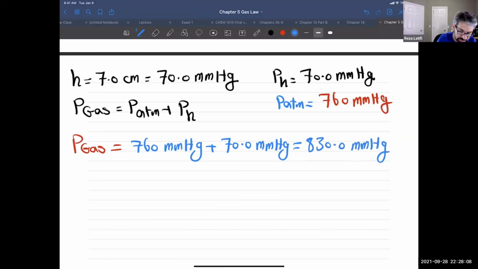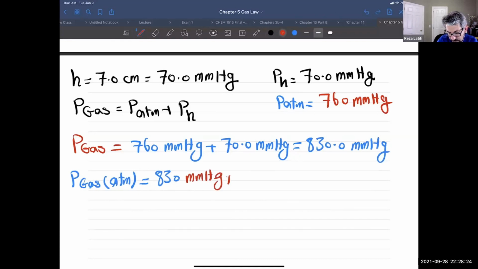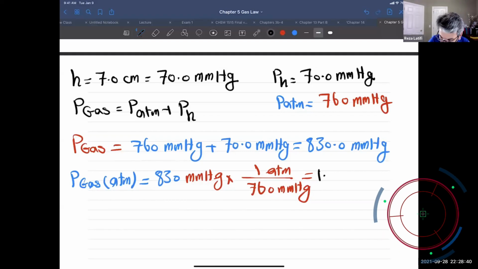If you want to know it in atmospheres, just simply divide the number by 760 to get atmospheres. 760 is equal to 1 atmosphere, and the final answer for this one I got is 1.092 atmospheres.